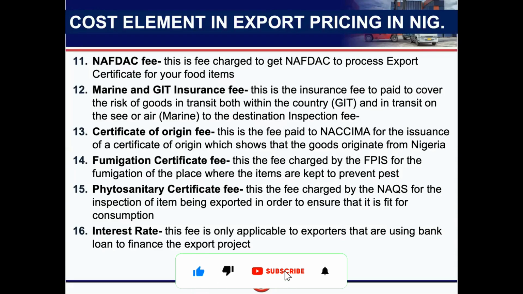So basically, as much as possible, we need to imbibe the culture of doing insurance. Marine and goods in transit insurance fee. Remember, marine is the one on the sea, whereas goods in transit is the one happening within the country.